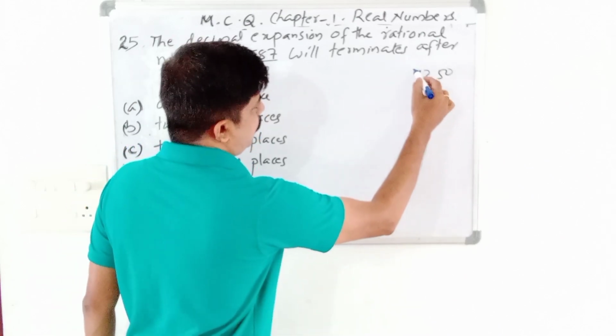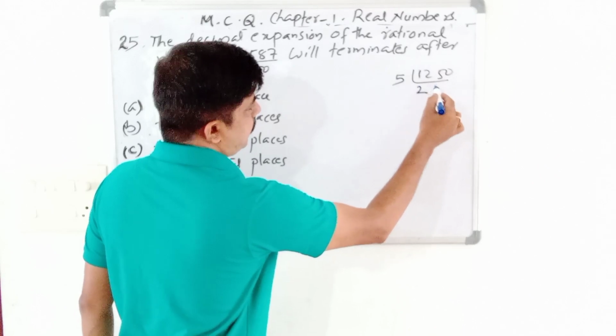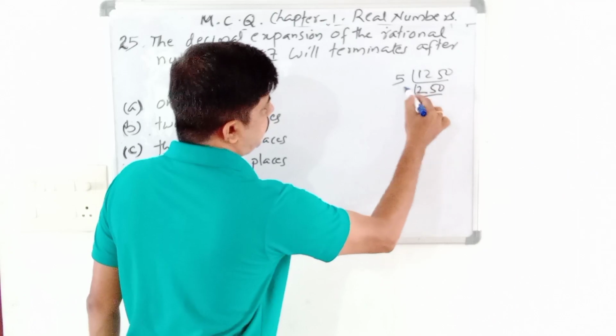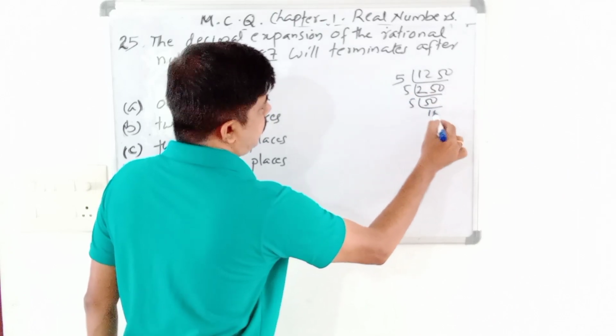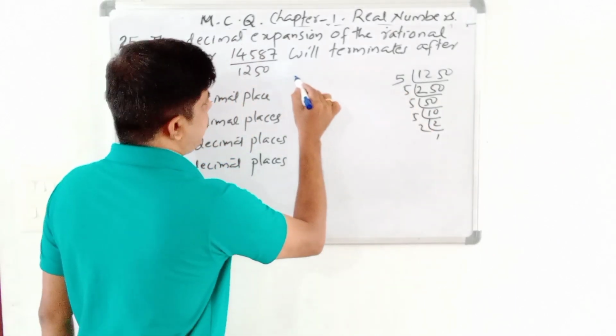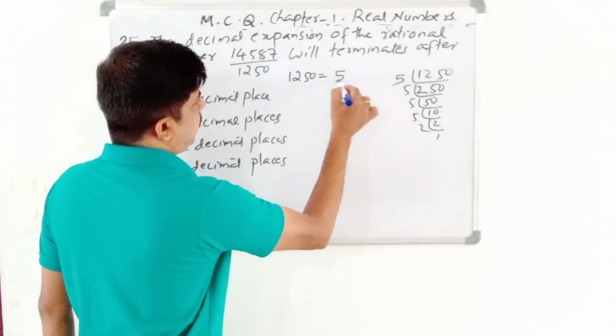The prime factorization of this is of the form 2 raised to m and 5 raised to n. These prime factors must contain only 5 and 2 because this is a terminating decimal. We have 5 four times, 2 one time.